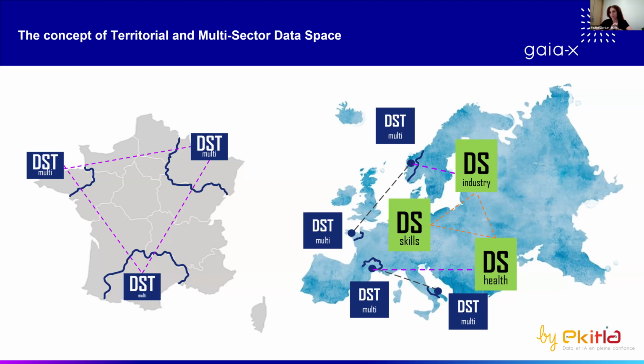All this innovative dynamic can be built and shared with other regions. For example, in France, different kinds of innovation can be shared and replicated in other regions, but also in other regions in Europe.